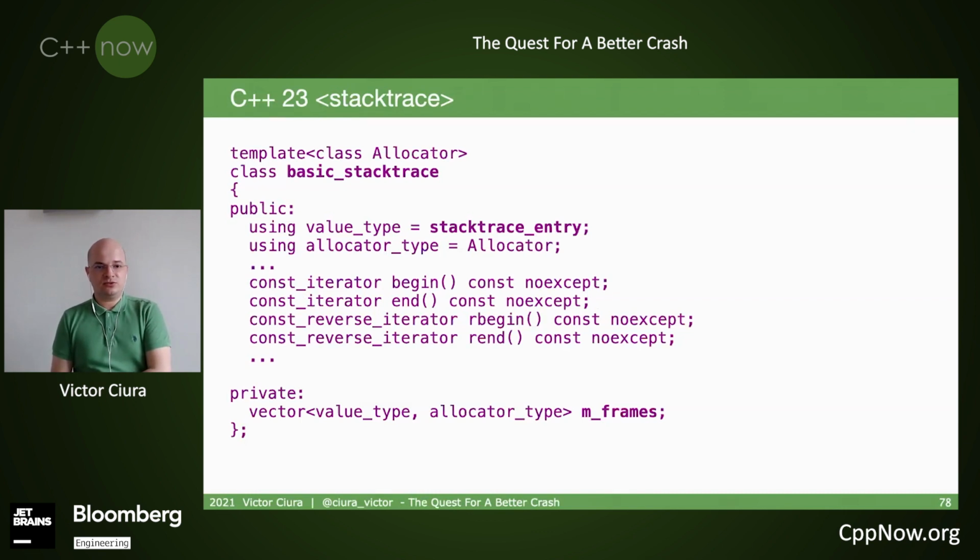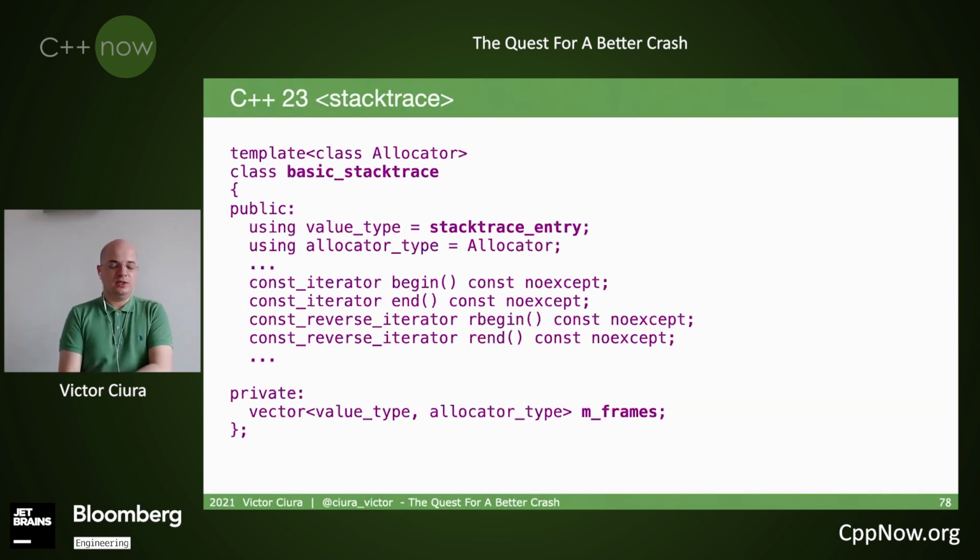Basic StackTrace, again, it has to support allocators because it allocates memory, because it constructs that information, and it needs to allocate stuff for the frames and for the symbols and everything. So a possible implementation would be, for example, with a vector to store all the frames, and means to expose iterators to traverse these frames.